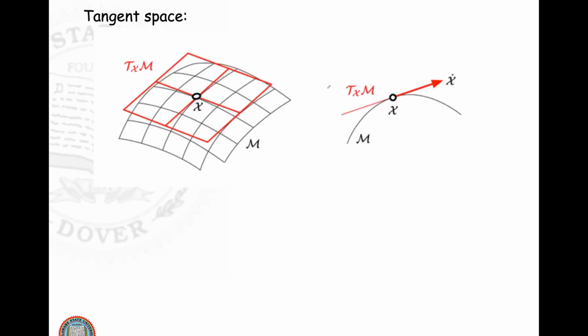Okay, so if we think about what a tangent is on a so-called one-dimensional surface, it's a line. But if we think about the tangent on this three-dimensional surface, you can imagine here's our manifold M, and we take a point on the manifold, we'll call that x, and we draw a tangent. And that tangent is a plane.